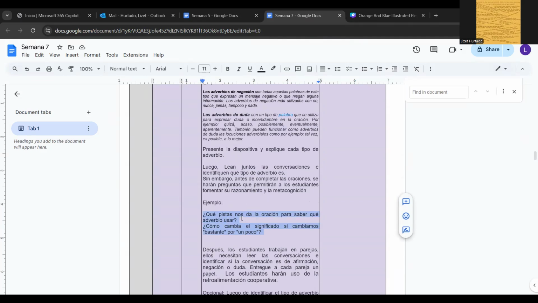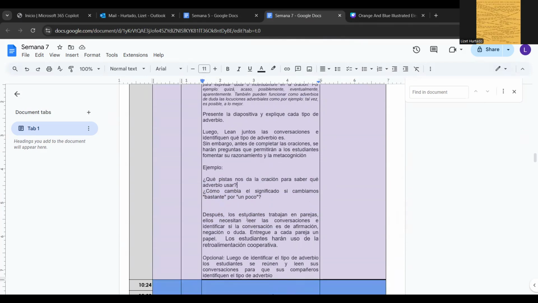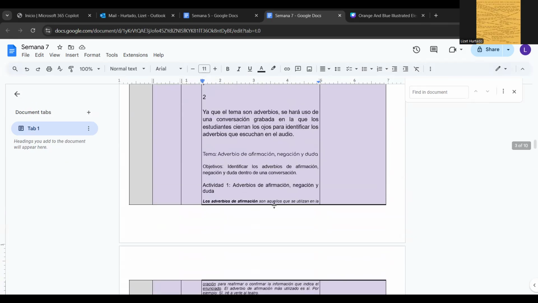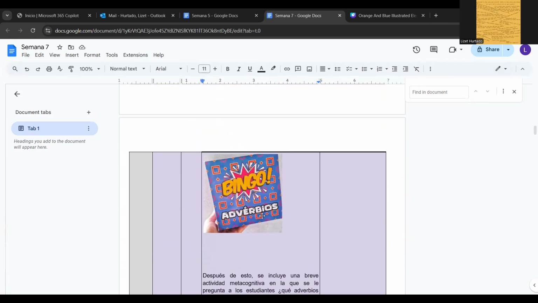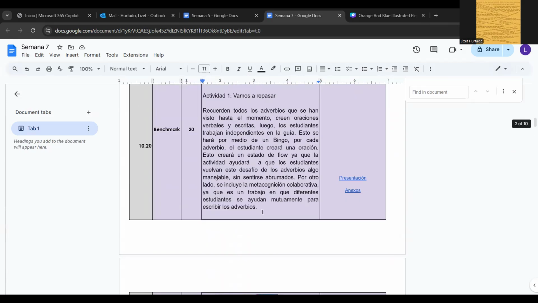For example, ¿qué pistas nos da la oración para saber qué adverbio usar? Because we don't only want to focus on just grammar and language. We don't care if they know the word adverb, but if they at least recognize, know how to include it in a sentence, they know that there are more words to work on. Also, we work on bingos in the class.